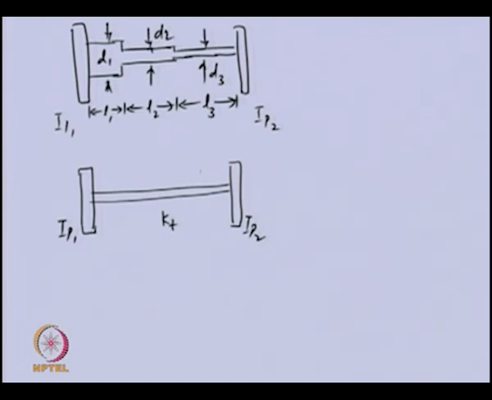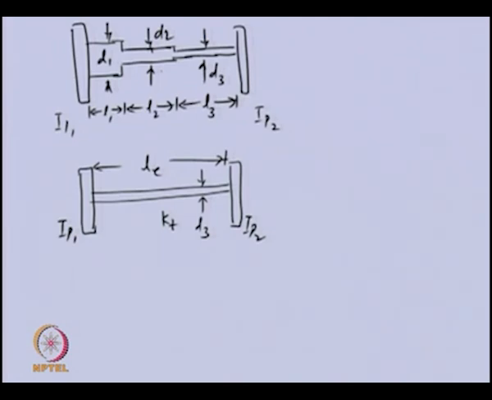So if this is the stiffness of the equivalent system, and let us say this is one of the diameters of the original shaft, D3. So we need to find out what should be the equivalent length, so that the stiffness of this and this are same. And if we can find that out, then the previous analysis will be valid here. So basically we can equate the torsional stiffness of these two systems.